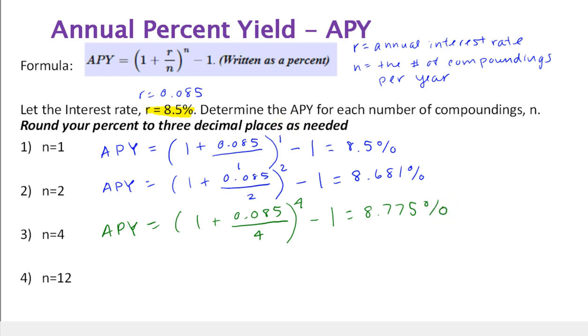And now let's see what happens with monthly compoundings. So 1 plus 0.085. We'll divide that yearly amount into 12 equal monthly pieces. We'll compound 12 times, which goes in the exponent.